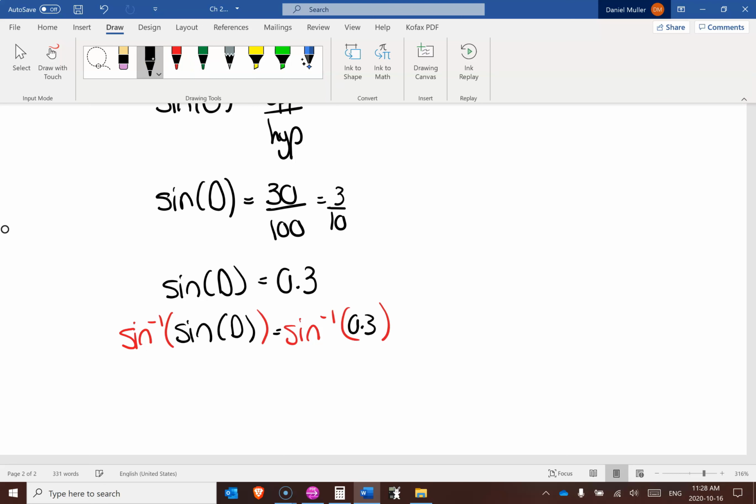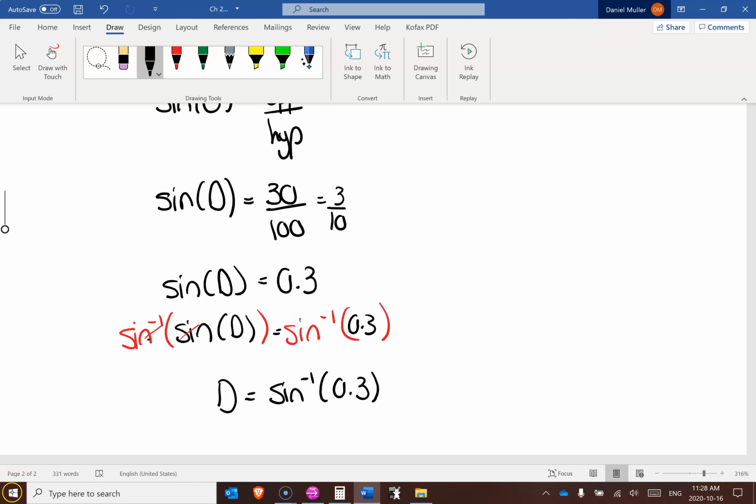So I did sine to the power of -1, or sine inverse, of both sides, and those cancel each other out, and I'm just left with D equals sine inverse of 0.3. Now we generally don't write the sine inverse both times. If we're trying to find the angle, we go the inverse way, and we already have the 0.3, so we can work backwards on our chart, or if we have a calculator, we can go the opposite direction.